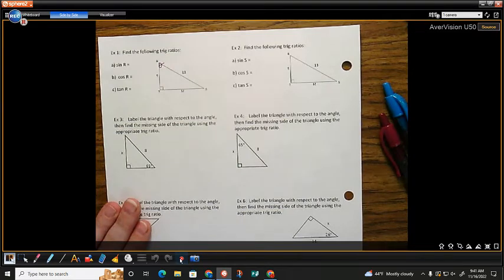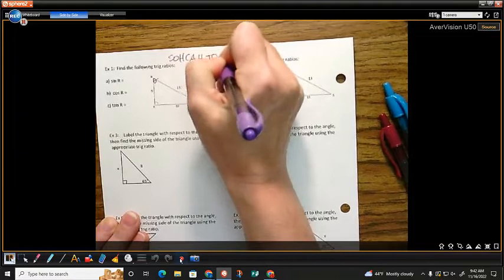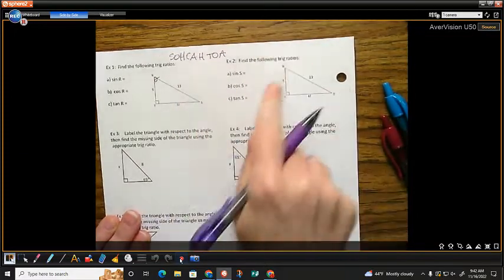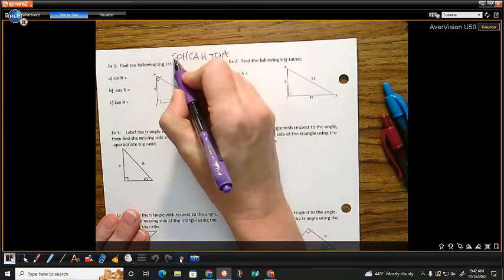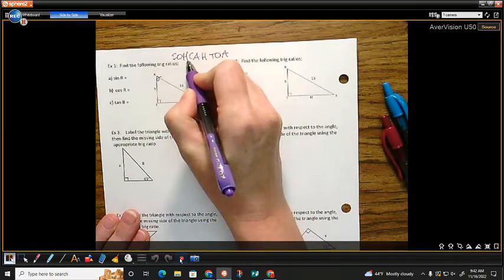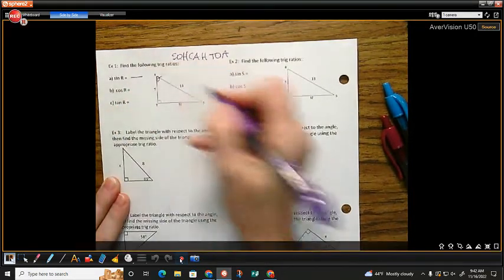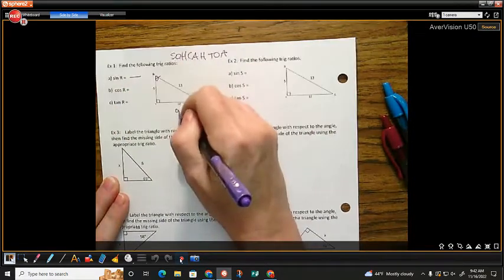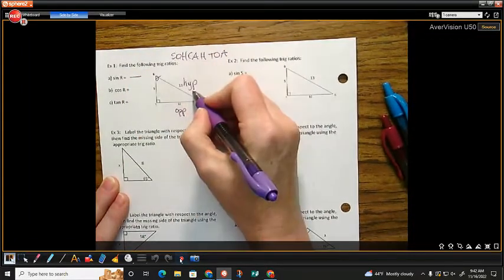How do you find the sine of something again? Well, that's your reminder, but how do you find the sine? Sine is opposite over hypotenuse. So the sine of angle r is going to be the length of the side opposite over the length of the hypotenuse.